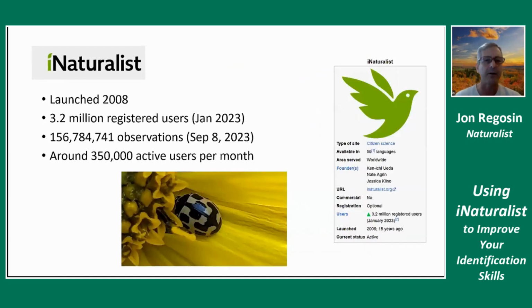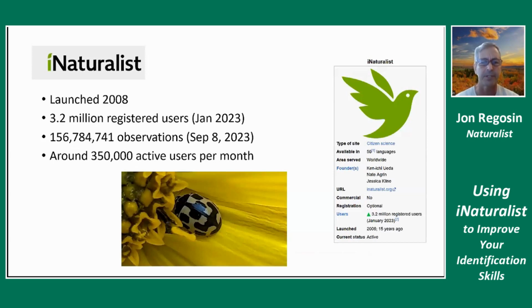So some background, iNaturalist was launched in 2008. There are over 3 million users, over 156 million observations, and hundreds of thousands of people using it every month. Until very recently, it was a project of National Geographic and a nonprofit natural history museum in California.